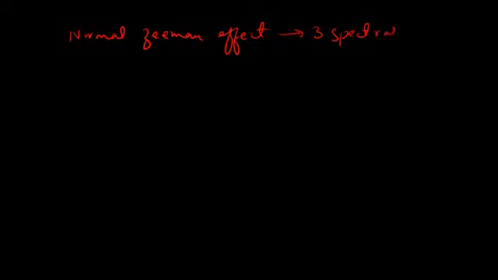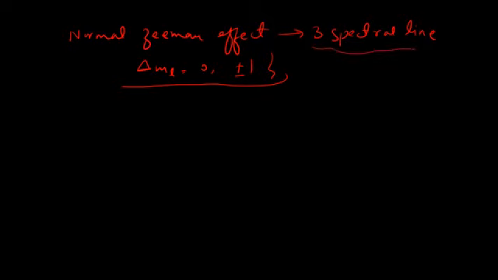For example, as we know, in the normal Zeeman effect we observe only three spectral lines due to the selection rule: delta m_l should be equal to 0 or plus minus 1. So this selection rule allows the observation of only three spectral lines. There is a splitting of a line into three fine structure lines in the case of the normal Zeeman effect.